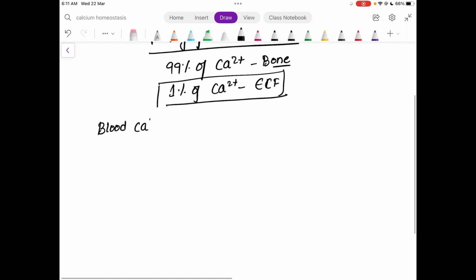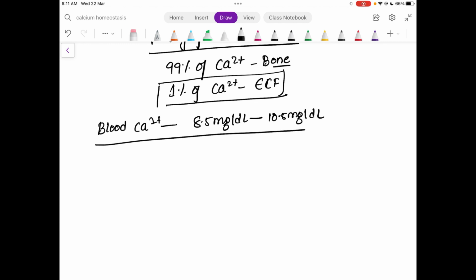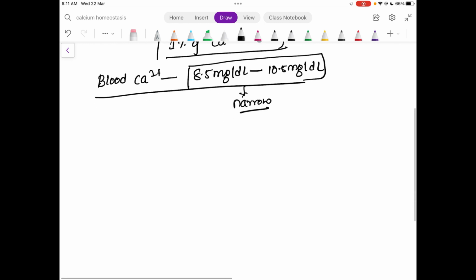In blood, the calcium levels are around 8.5 milligrams per deciliter to 10.5 milligrams per deciliter, and this is a very narrow range. Calcium has its metabolic role in neuromuscular functions.